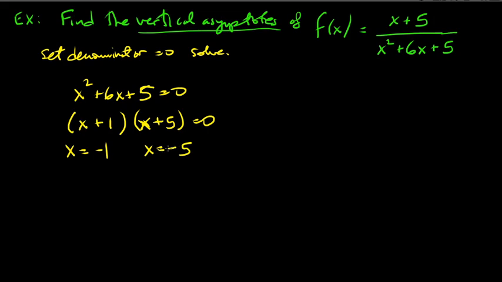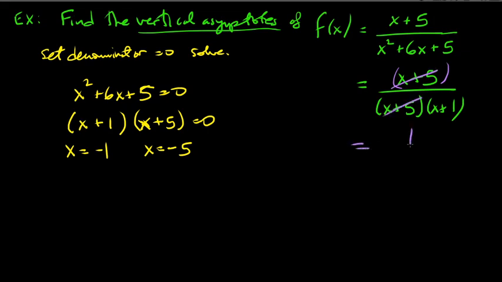Does that mean we have 2 vertical asymptotes? Well, no. Remember, even in pre-calc, you had to simplify this first. Right. x plus 5 is also a factor of the numerator. So they cancel. So when you simplify, you just get 1 over x plus 1. Right. So specifically, that's what you should be setting equal to 0.